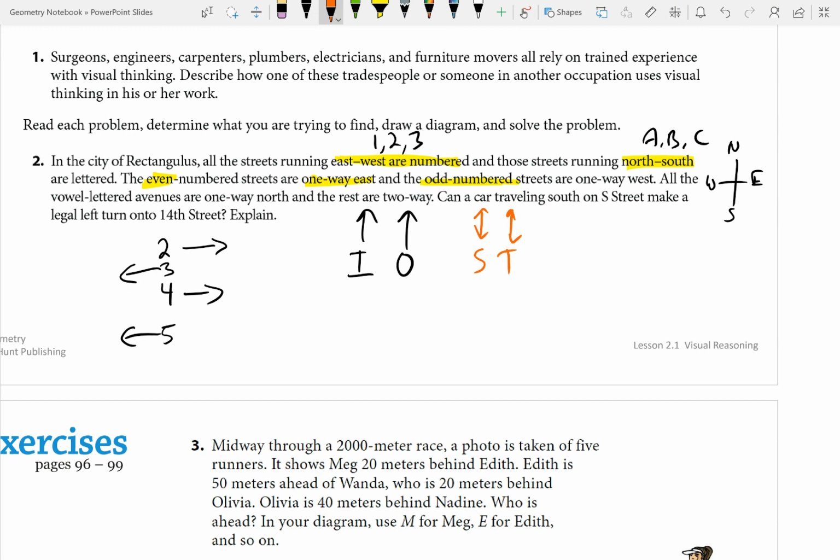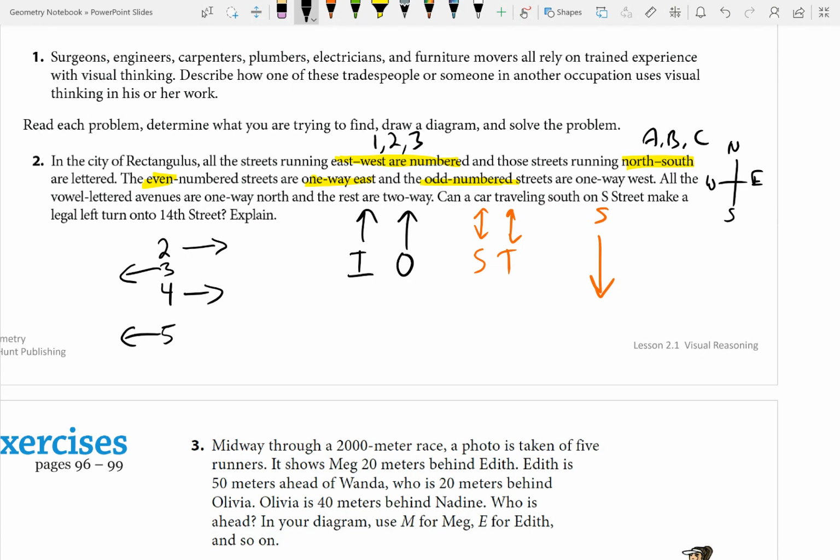So the question is, can a car traveling on S Street make a legal left turn onto 14th Street? S Street's a consonant, so that means he can be going either north or south. Okay, so he's traveling south on S Street, going down that way.